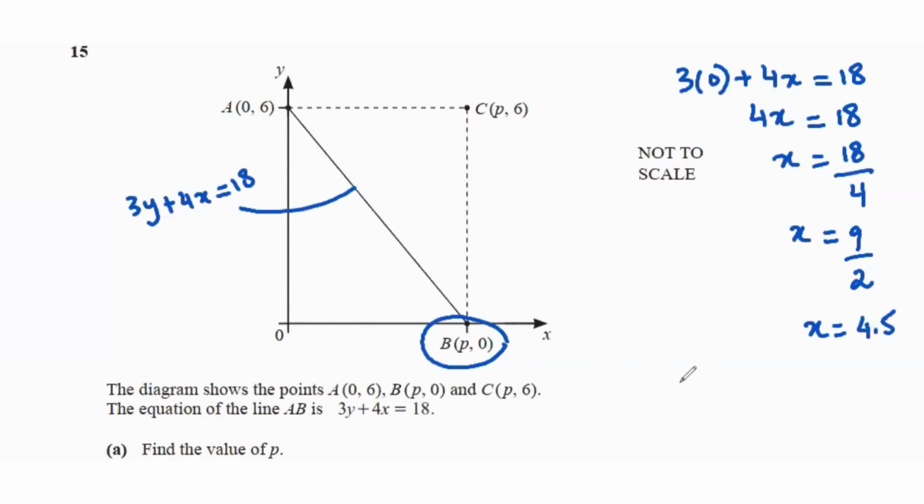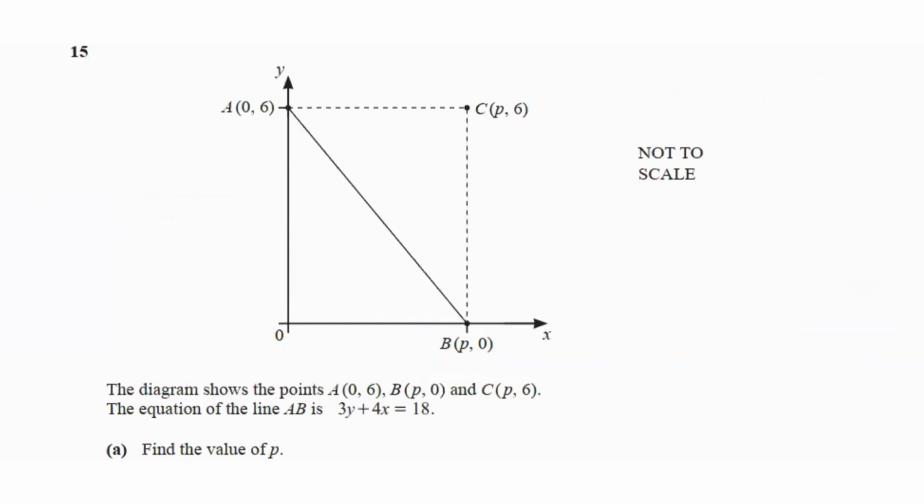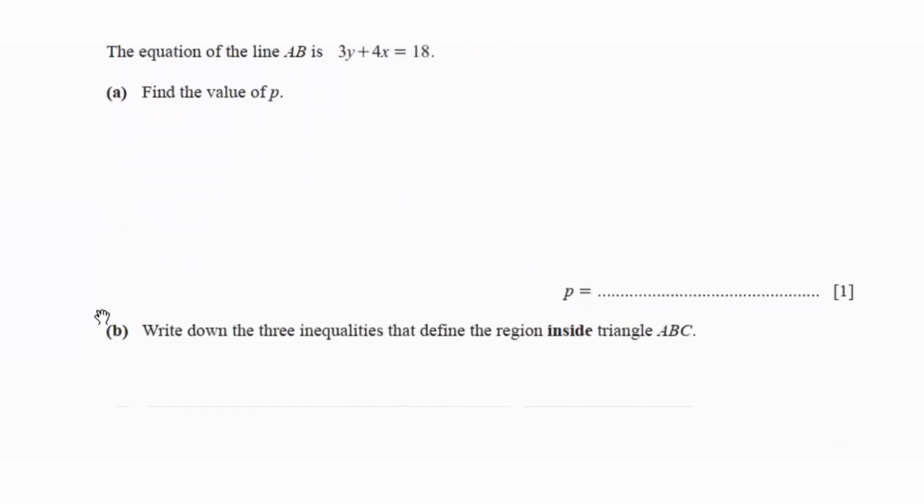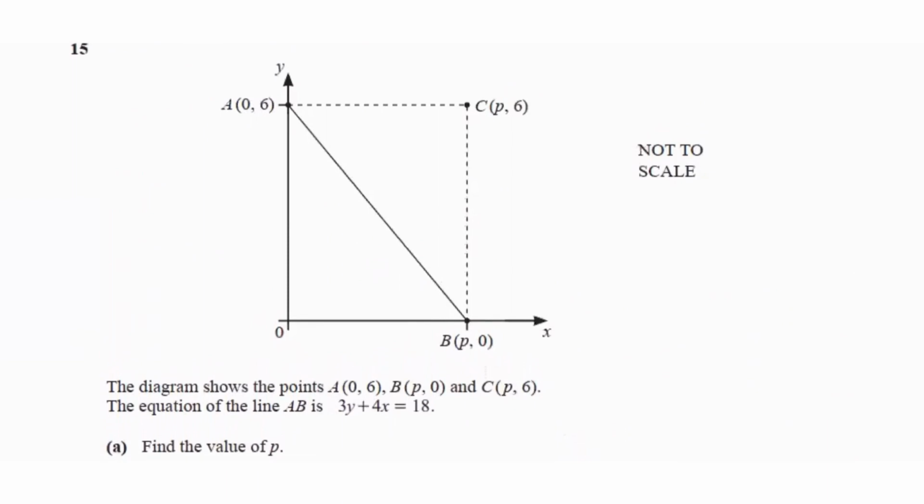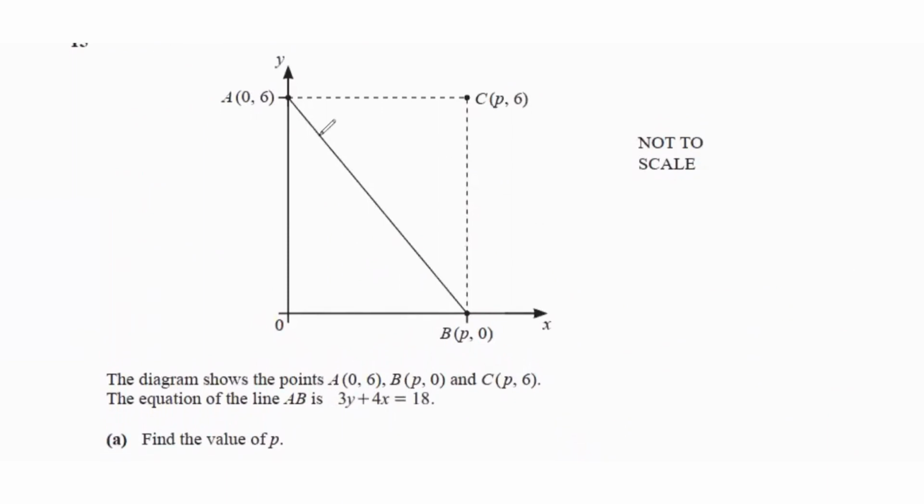Since we're using point P, x equals P and P is also 4.5. Write down the three inequalities that define the region inside the triangle ABC. So we already know the equation for this, which is 3y plus 4x equals 18.